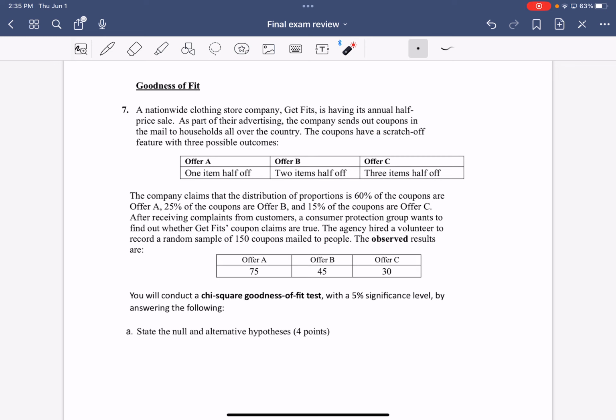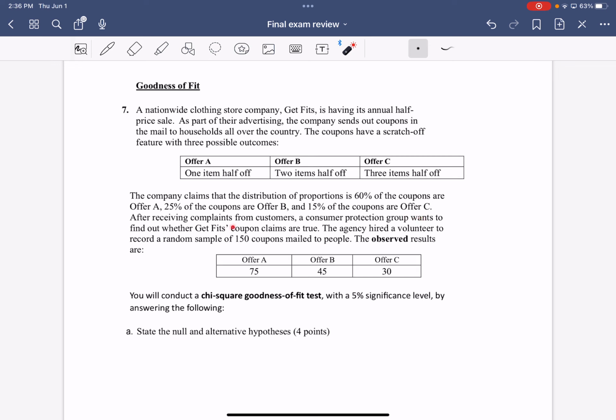The coupons have a scratch-off feature with 3 possible outcomes. Offer A, 1 item half off. Offer B, 2 items half off. Offer C, 3 items half off. The company claims that the distribution of proportions is 60% of the coupons are offer A, 25% are offer B, and 15% are offer C.